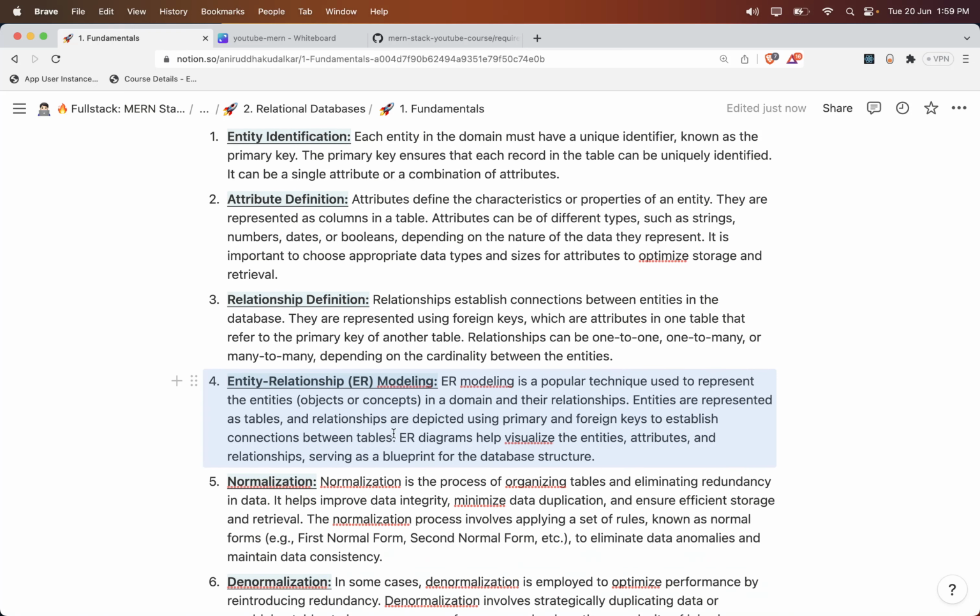But if you draw it pictorially, it would be well understood by everyone. And that is nothing but ER diagrams. ER modeling is a popular technique used to represent the entities in a domain and their relationships. ER diagrams help to visualize the entities. Entity and its relationships are presented in one diagram. We are going to see that in detail.